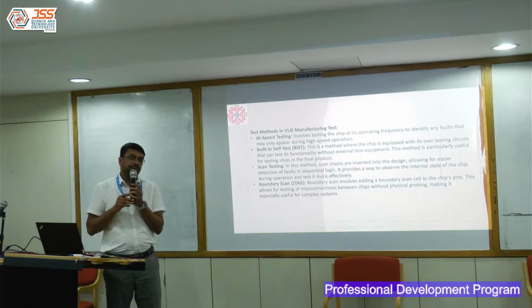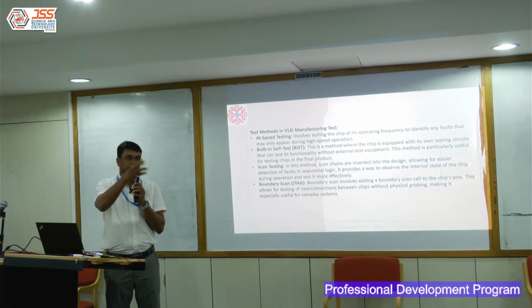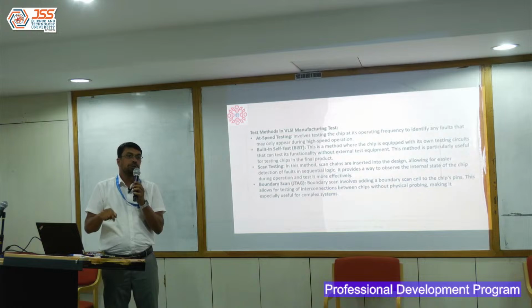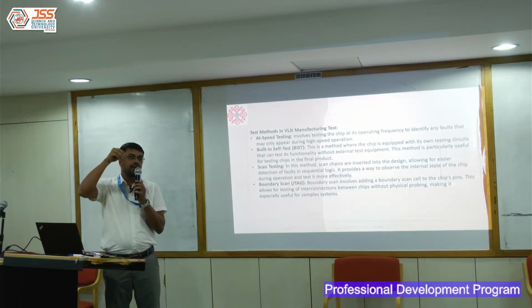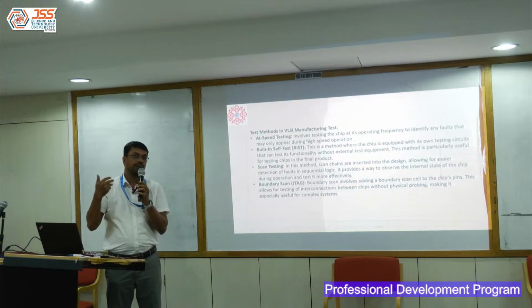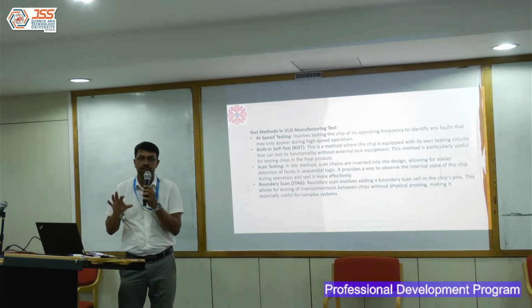The problem with this clock is, this cannot be supplied externally. Though you have crystal oscillators and various types of oscillators, the problem is you cannot give this functional frequency externally into the chip because there is something called as IO, input and output pads. They have a frequency restriction. They cannot withstand a signal whose frequency is more than 800 megahertz.